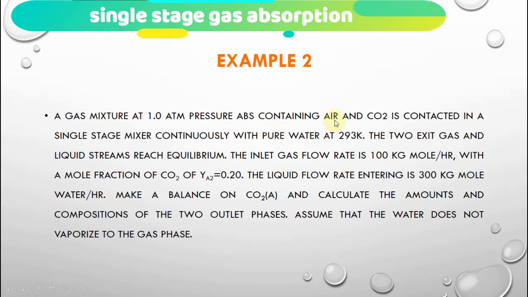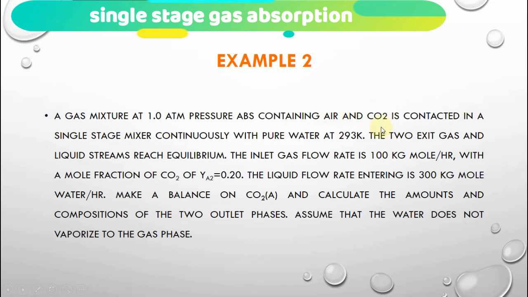Normally, how we can identify which component will be component A is that the component that we want to absorb will be component A. Air and CO2 is contacted in a single stage mixer with pure water. So the pure water will be the solvent, and it is used to absorb CO2 from pure air.